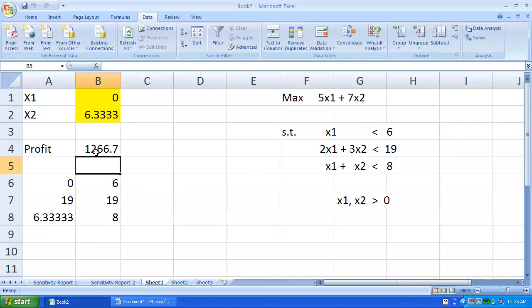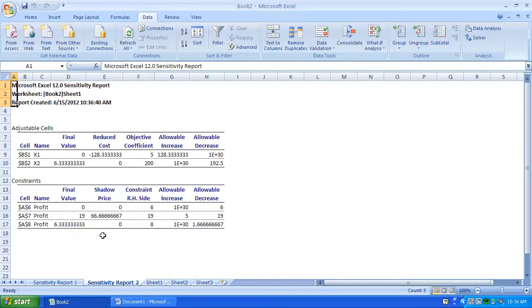Okay? Now, let's look at the reduced costs in this scenario. Now, the final value for X1 was 0. In other words, we're not going to produce any product 1 because we can make so much money producing product 2. And now let's look at this 128 and a third, and let's make sense of that.